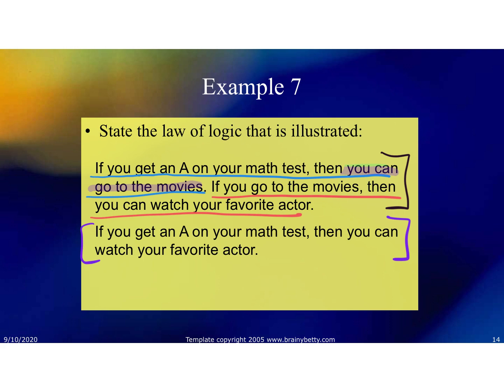You're just looking at: you can go to the movies. And notice it's the hypothesis of the second one. So my new statement is: if you get an A on your math test, then you can watch your favorite actor, which is what they came up with. So when that conclusion and that hypothesis overlap, this is the law of syllogism.